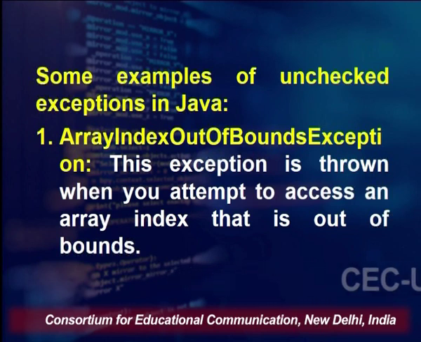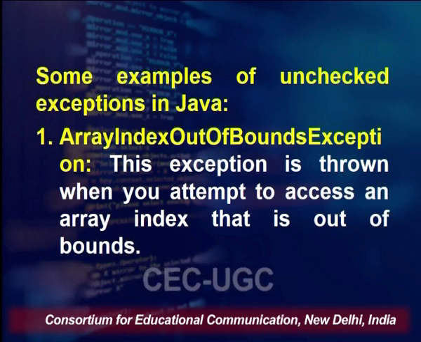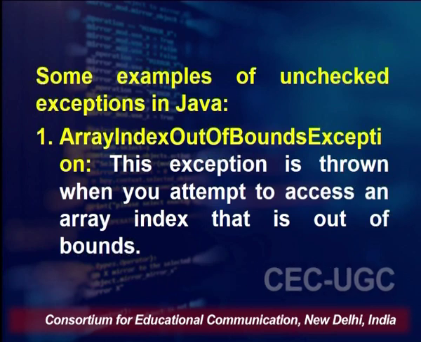It is an exception which is thrown when someone attempts to access an array index that is out of bounds. For example, you have declared an array of size 7 and you want to access the 12th element of that array. The 12th element is not available, so that index is out of bounds.